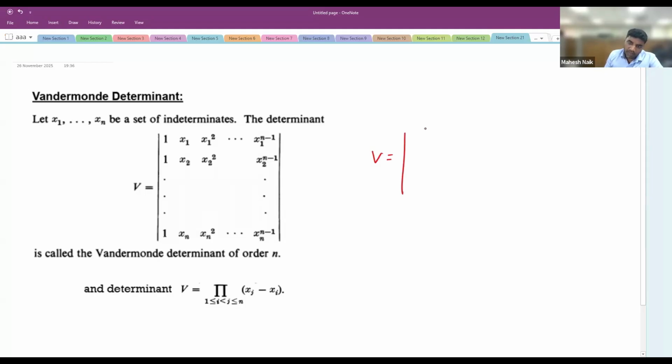Okay, so this can be quickly utilized to find the determinant of any such structure. Like if I talk about a matrix of order 3, in this case, what will be the determinant of this matrix?